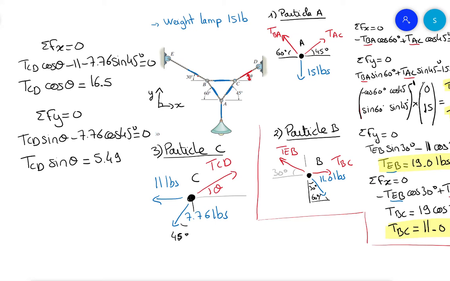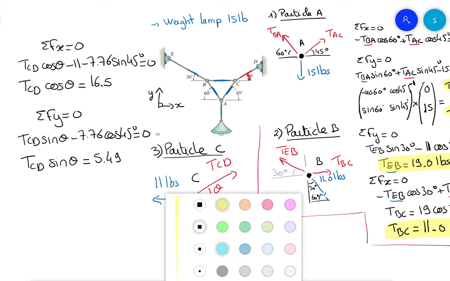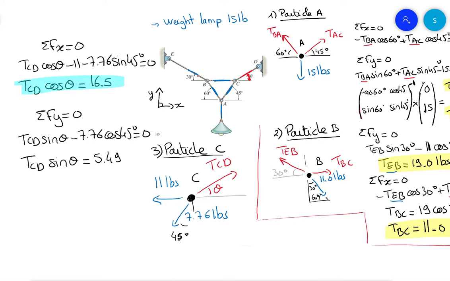What are we doing when we have a TCD cosine theta and a TCD sine theta? It's always the same. You will end up with those two equations a lot. So what you will do is you will do the equation number 1 divided by the equation number 2. So 1 divided by 2 on both sides. First equation, TCD sine theta equals 5.49.